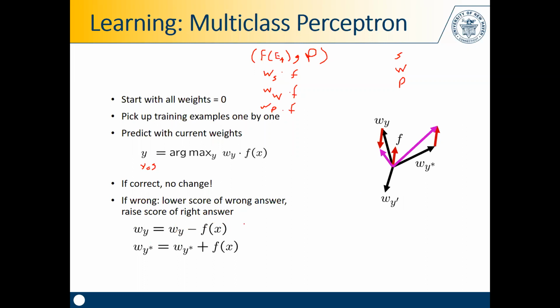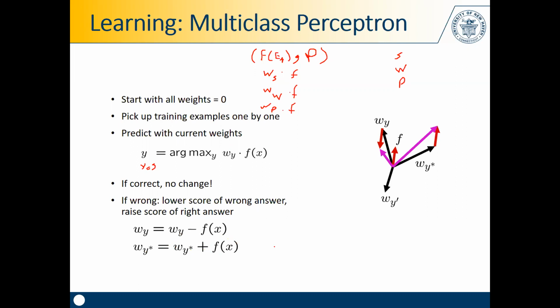We also say that the weight vector for the correct class P is not sufficiently emphasized. It's not sufficiently advocating for the correct class. So we adjust for that by incrementing it by the feature vector.